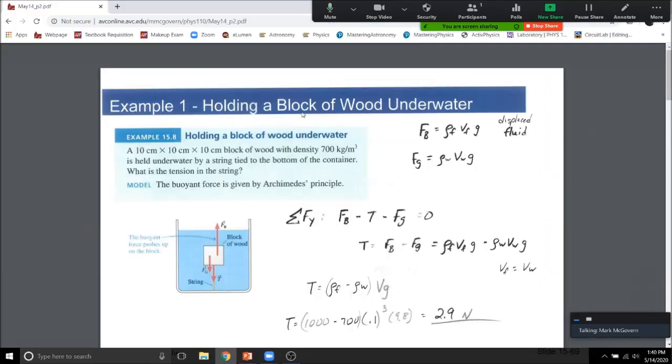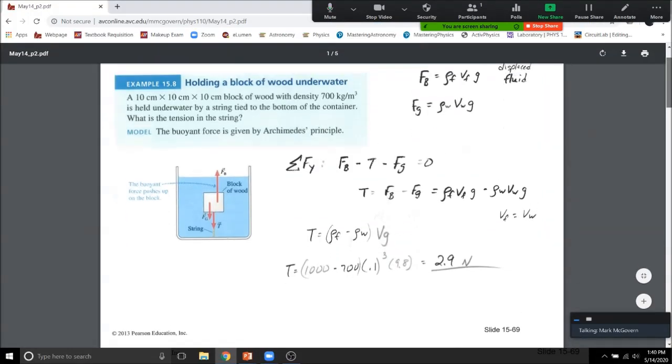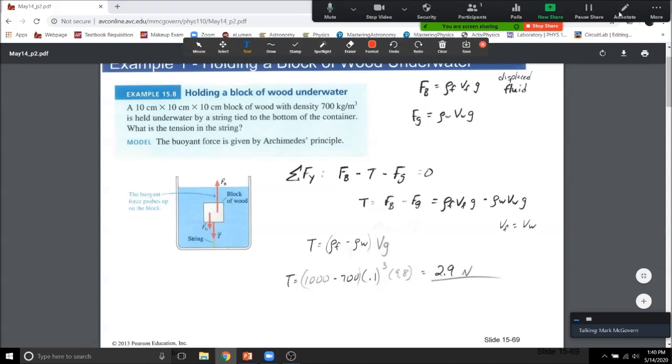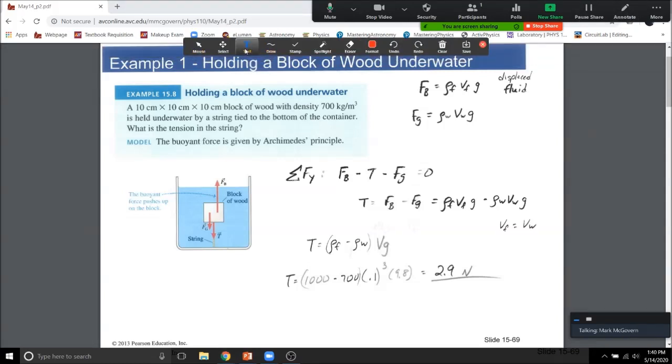Here we go. All right, so look at this right here. Check this out. The buoyant force is how we defined it. It's the density of the fluid, volume of the fluid, times g.